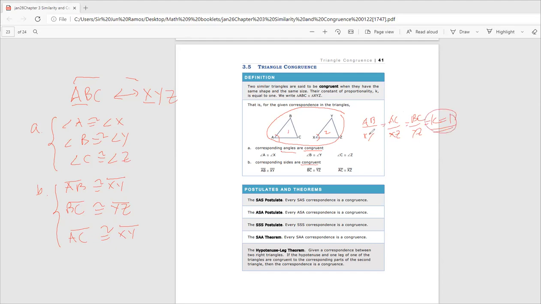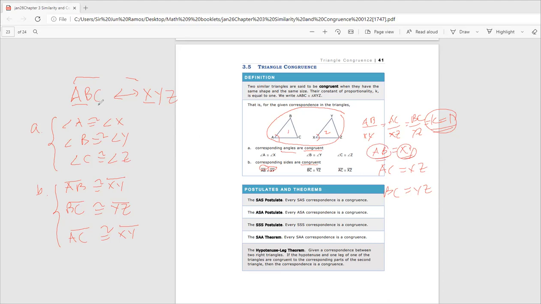That's why if we have K equals 1, you cross multiply, you have AB equal to XY, AC equals XZ, and BC is equal to YZ. Now, note that these are segments, these are sides, and these are their lengths, okay? There's no bar on top, so these are real numbers, okay?